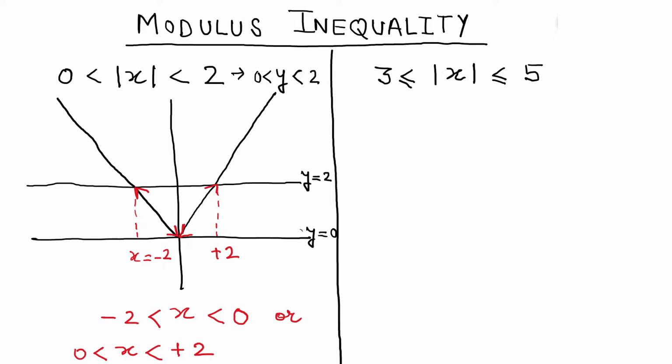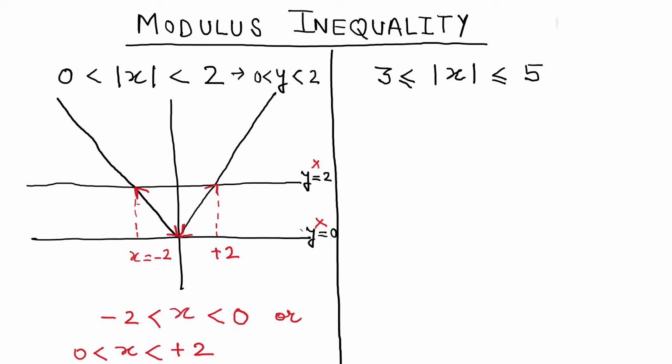Because it is arrow to arrow, x is equal to minus 2 is not included. We are not supposed to include the y is equal to 0 line and the y is equal to 2 line, which is why when y is equal to 2, x is equal to minus 2 or plus 2, so we would not include the points minus 2 and plus 2 when we are talking about x. At the same time, y is equal to 0 is not to be included, which means we are not supposed to include the point x is equal to 0 as well.